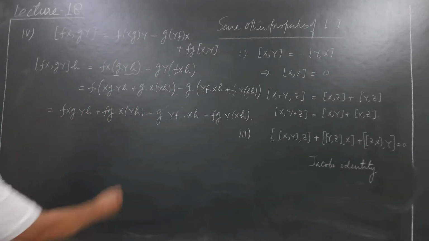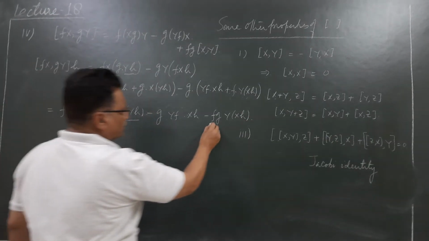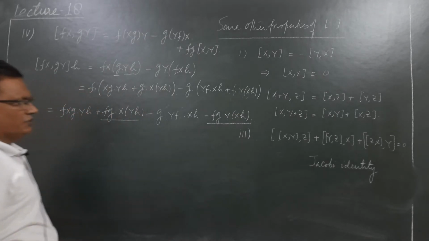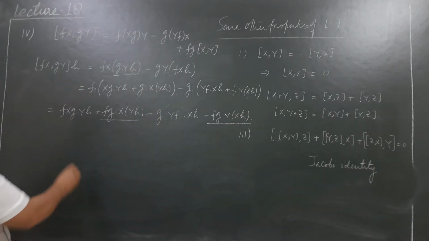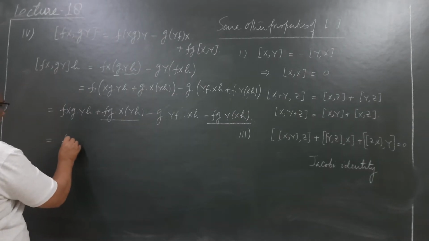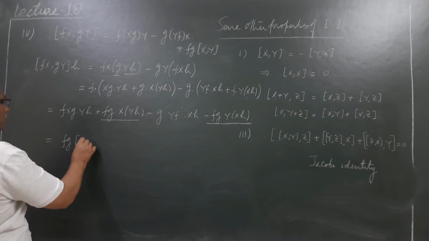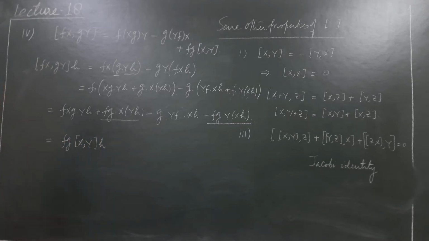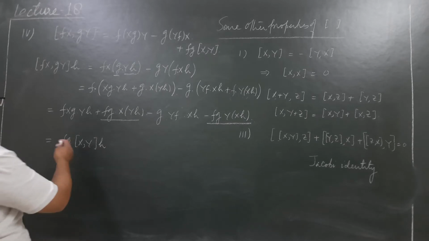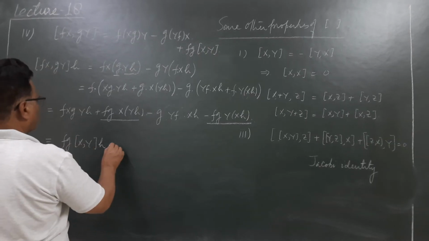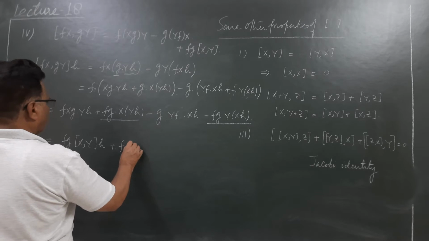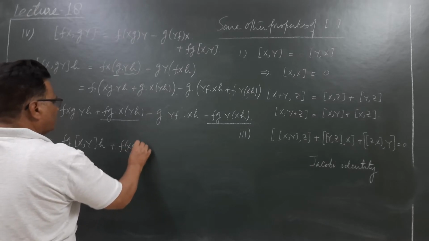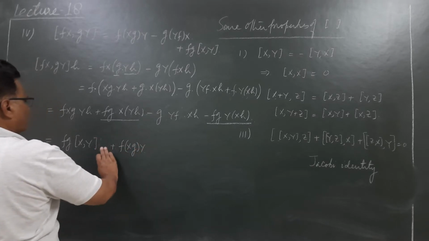ठीक है, अब ये दो टर्म मैं एक साथ लिख लेता हूँ। fg is common between these two terms and it is equal to fg times Lie bracket xy. You can see it operating on h. Okay, and now you write down the other terms. So plus f of xg y. H I will write down outside.